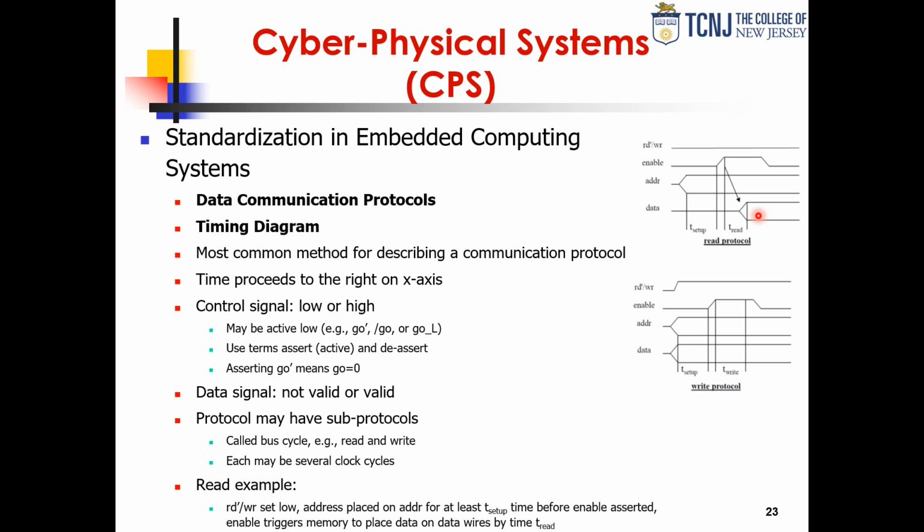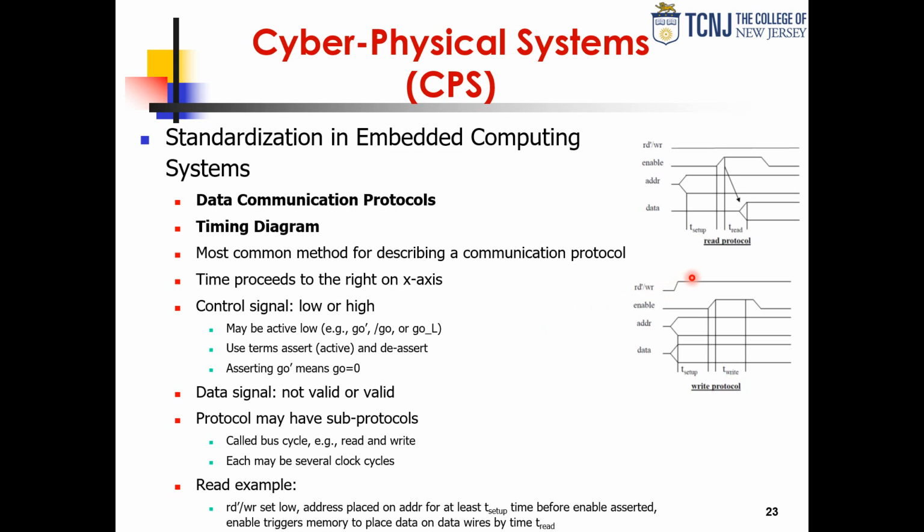Because the read signal is low. We have specified that it's a read transaction. So that would be a read transaction on this protocol. How about a write? If we're going to do a write, we have to assert the write signal.